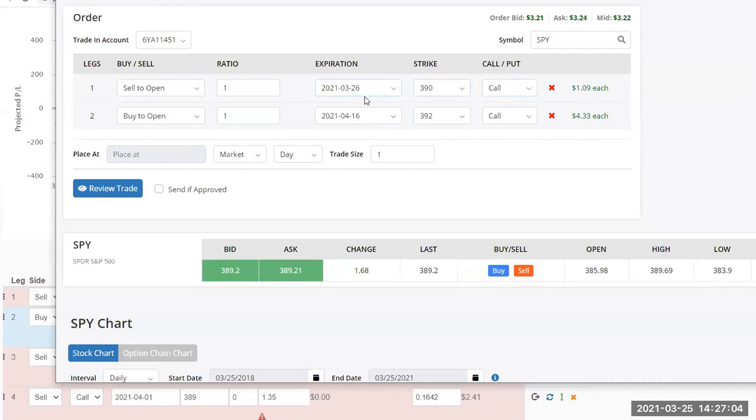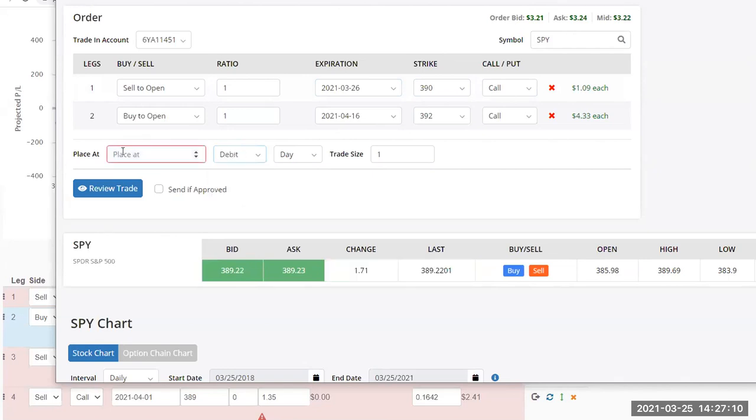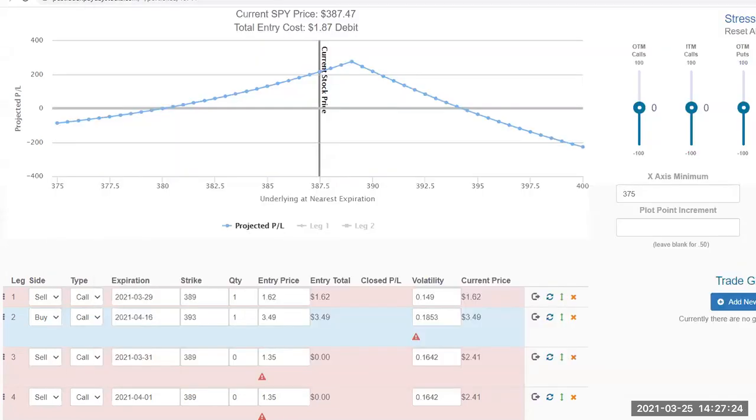I'll sell 329s. Okay, got it? All right. Let's see what we can do here. I'm going to put it at 323 just to make sure we get filled. And hopefully I don't have other trades that are going to prevent it. All right, perfect. It's placed.